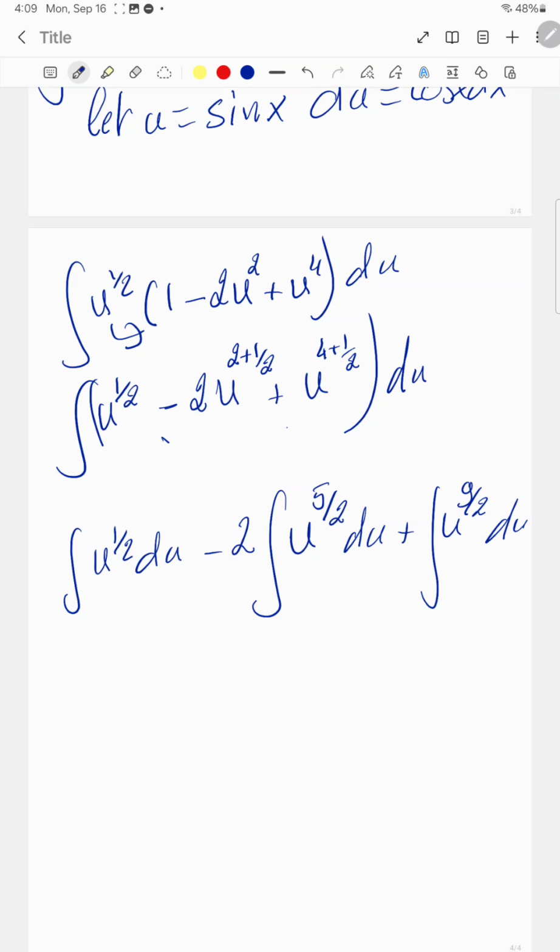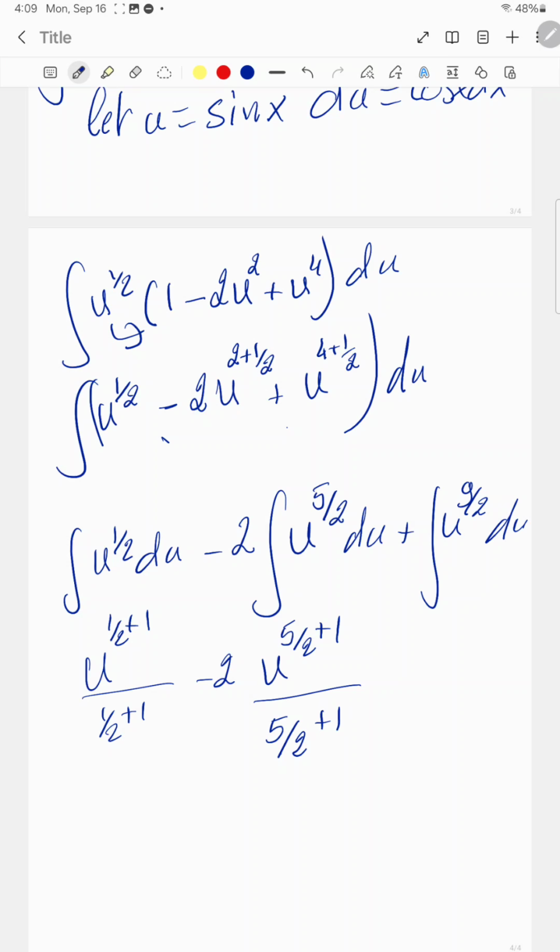So now it becomes u to the power 1/2 plus 1 divided by 1/2 plus 1, minus 2 u to the power 5/2 plus 1 divided by 5 divided by 2 plus 1, plus u to the power 9 over 2 plus 1 divided by 9 over 2 plus 1, plus c.